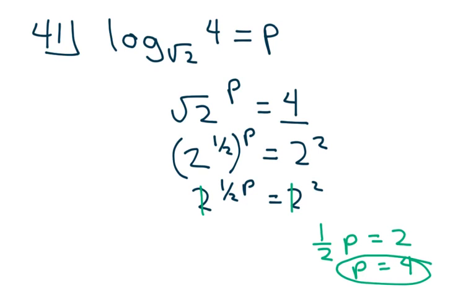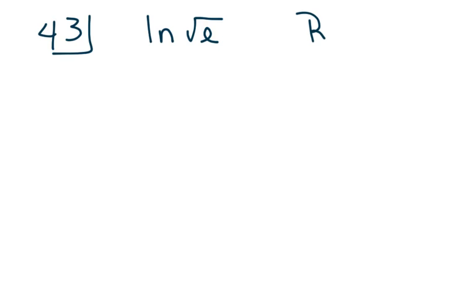And 43. Whoops. So 43. I have natural log of the square root of e. I believe this one's on your review. Now, what I told you earlier is natural log of e equals 1.